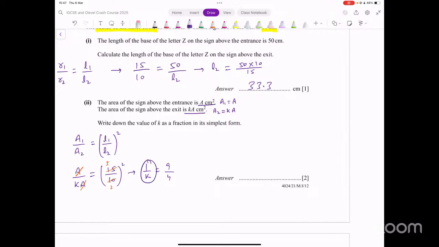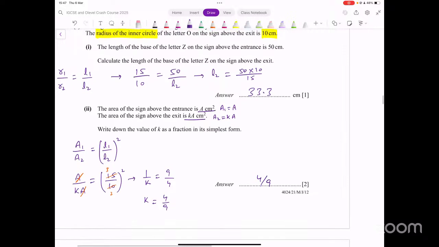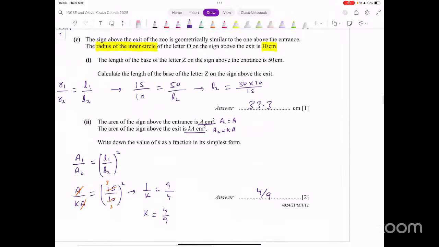This is 1 over K, right? We can take the reciprocal on both sides. That will give us K equal to 4 over 9. That's what we write here. The value of K is 4 over 9. Does that make sense? All right, so that was this question from this worksheet.